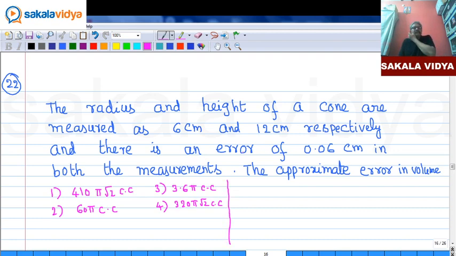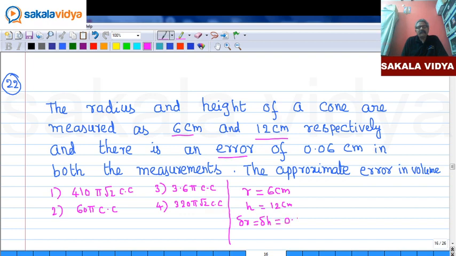So this problem is related to the cone problem. What is given here? Radius r is equal to 6 centimeters, height h is equal to 12 centimeters, and error in both measurements are given, delta r equal to delta h equal to 0.06 centimeters, and we need to find the approximate error in volume.